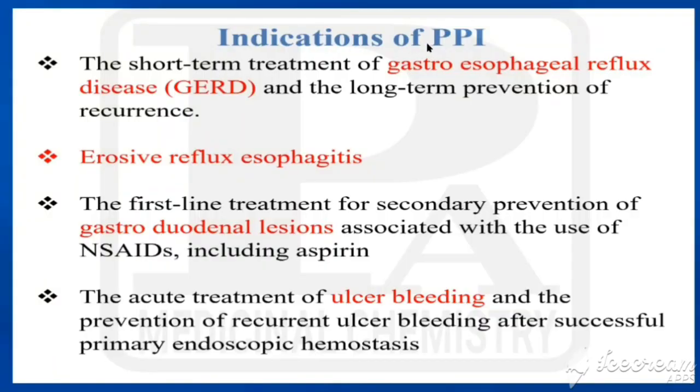Now we'll see the uses of proton pump inhibitors. They are used for the short-term treatment of gastroesophageal reflux disease, that is GERD, and long-term prevention of recurrence of erosive reflux esophagitis.